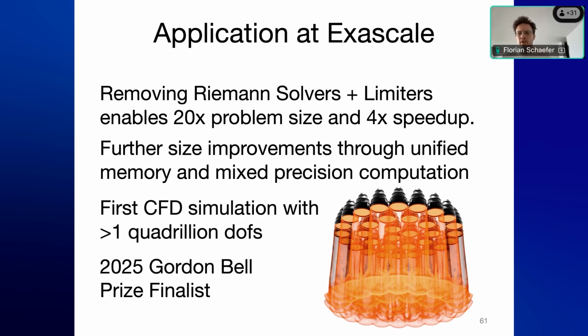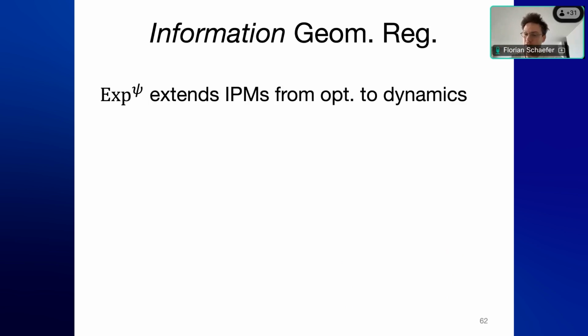Okay, so after having presented the regularization, both from this geometric perspective and from the PDE perspective, and giving you hopefully some idea that this might be useful for real computation and not just for toy problems, I want to go back to the title of the talk and the name of the method, which is information geometric regularization.